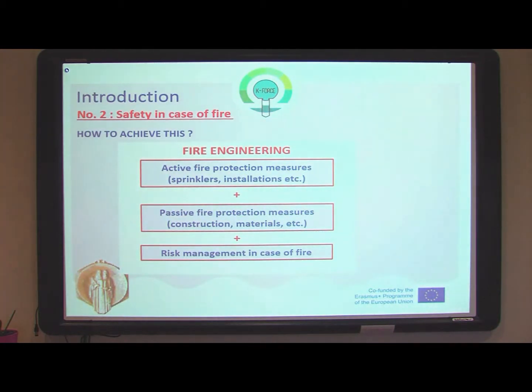Different countries have different national regulations for structural design. In order to harmonize these design rules and procedures in the unique regulation, an important step is made with the Eurocodes. The Eurocodes cover only the passive fire protection measures.